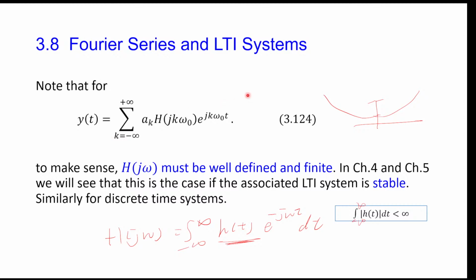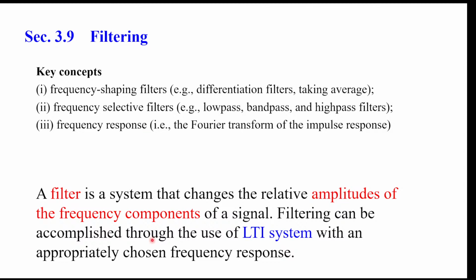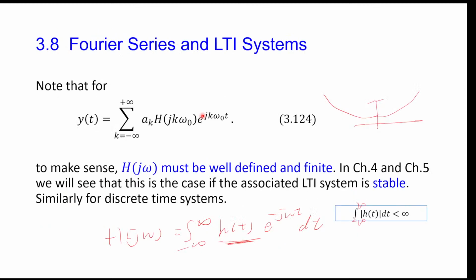Okay, and then finally we can go to the last topic we want to cover in this chapter, that's filtering. Filtering is basically an application of the analysis we have done in this chapter. We just said that if we write our signal in Fourier series, then we can see the output as the input signal, but with every harmonic component being multiplied by this H of j omega.